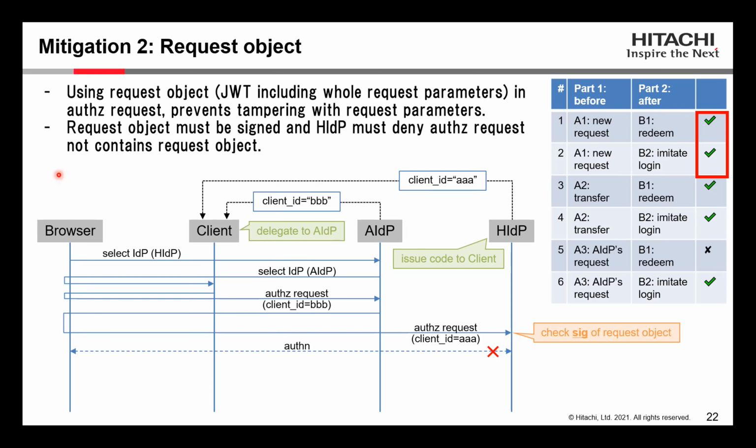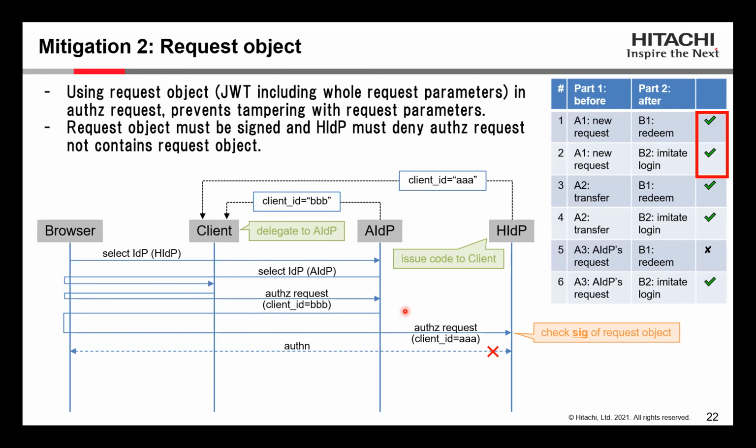Here, regarding patterns 1 and 2, I describe how this mitigation 2 works. In patterns 1 and 2, AIDP creates the client's new authorization request at this time. However, AIDP cannot create a request object because the request object is signed with the client's secret key.